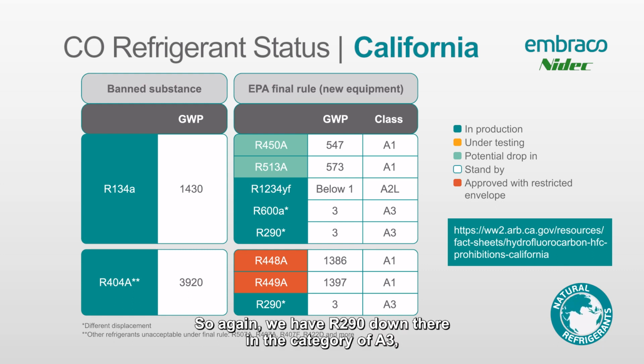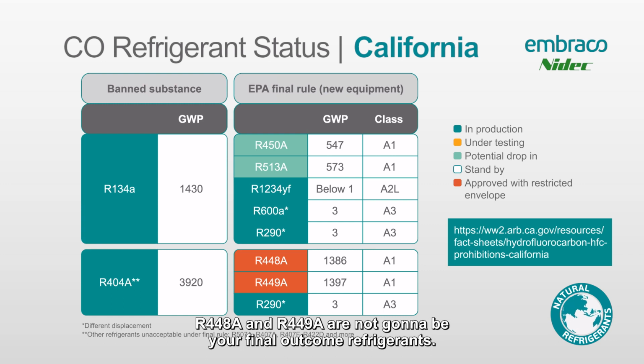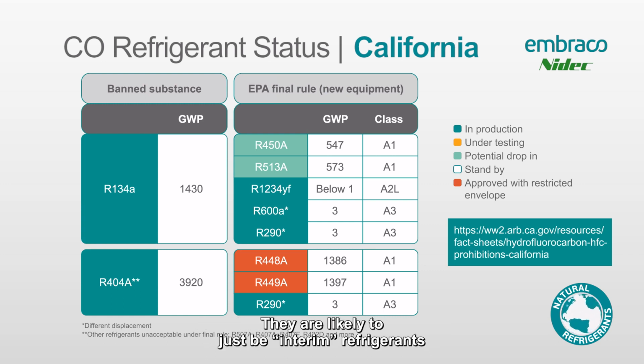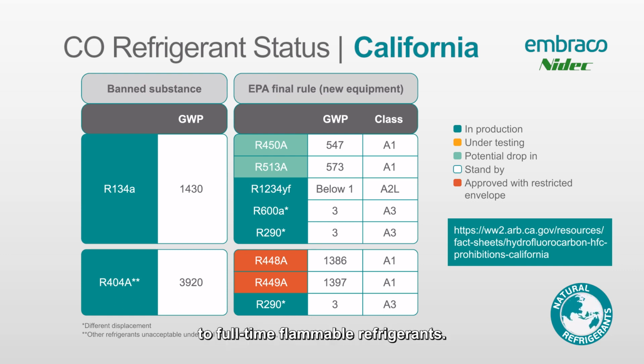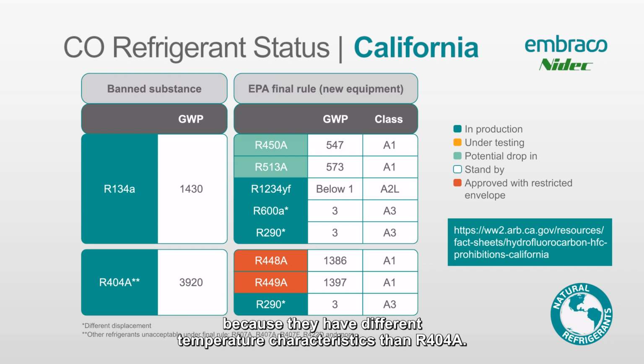So again, we have R290 down there in the category of A3. And when we look at R448A and R449A, they still have very high global warming potential. R448A and R449A are not going to be your final outcome refrigerants. They're likely to just be interim refrigerants that we use in the meantime as we bridge the gap from what we used to use to full-time flammable refrigerants. Those gases will likely be banned very quickly by states like California and Washington. They're also not exactly drop-ins in the same way that 513A is for 134A. So those have restricted envelopes because they have different temperature characteristics than 404A.